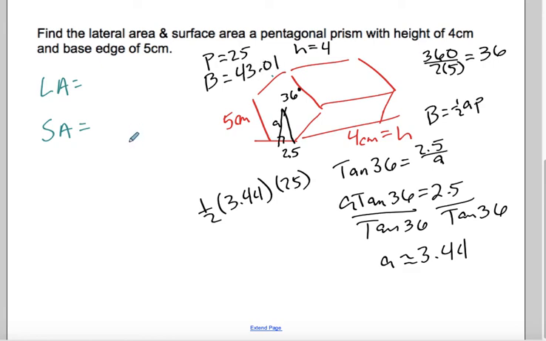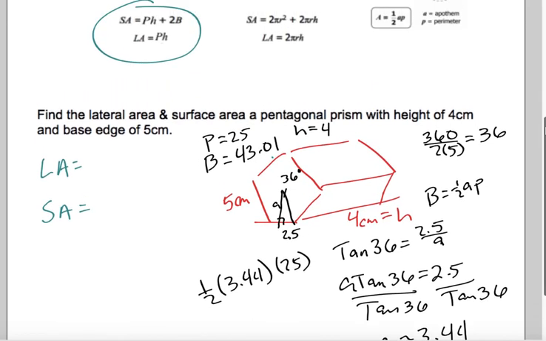So I'm going to use that as my base area and find my lateral area, my surface area. So the lateral area is just pH. You didn't even need the base for that part. So this lateral area is going to be the perimeter, 25, times the height of 4. That's going to be 100 centimeters squared. So even if you couldn't find the area of the base, you would be able to find the lateral area.